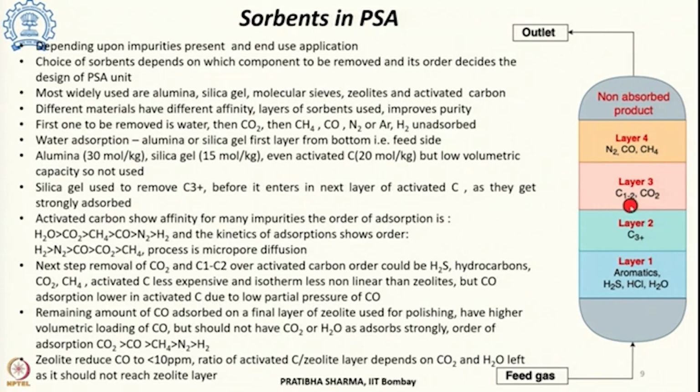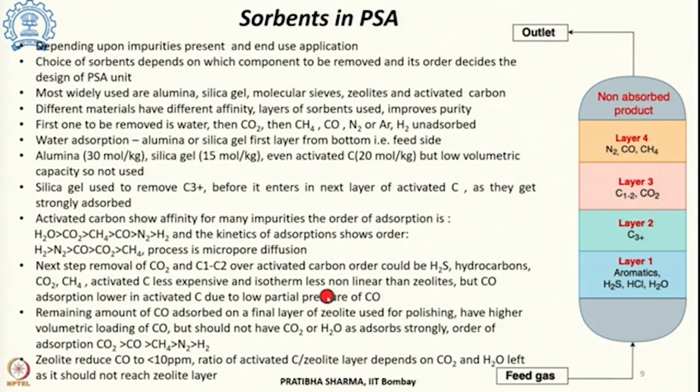However, this also can remove several impurities like H2S, and the order followed in the activated carbon layer is first H2S is removed, then the C1 and C2 hydrocarbons, then carbon dioxide, and unreacted methane can be removed in this third layer. This material is less expensive and it has an isotherm which is less non-linear than the zeolites.